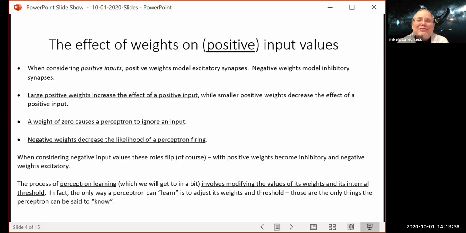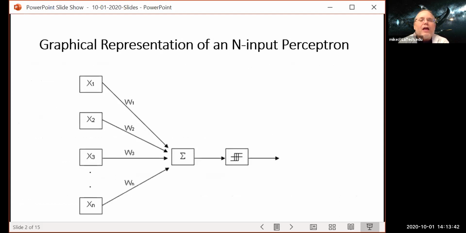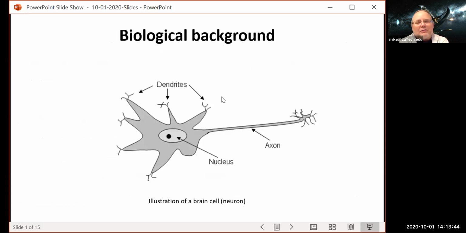Okay. So what is the effect of the weights on the input values? Well, remember going back to the basic model, I said that some of these synaptic gaps between neurons will be excitatory and some will be inhibitory. What do I mean by that?